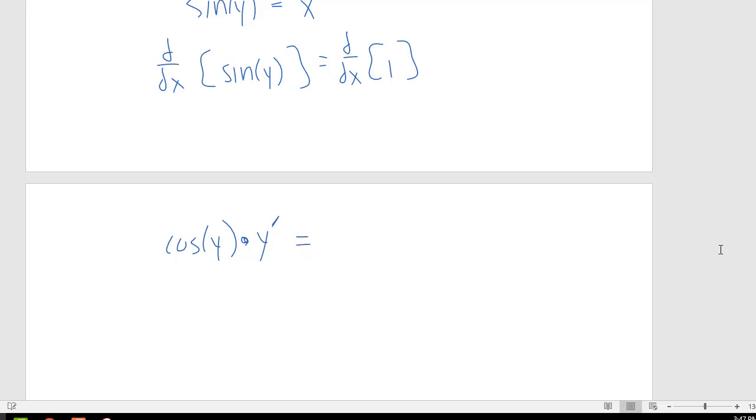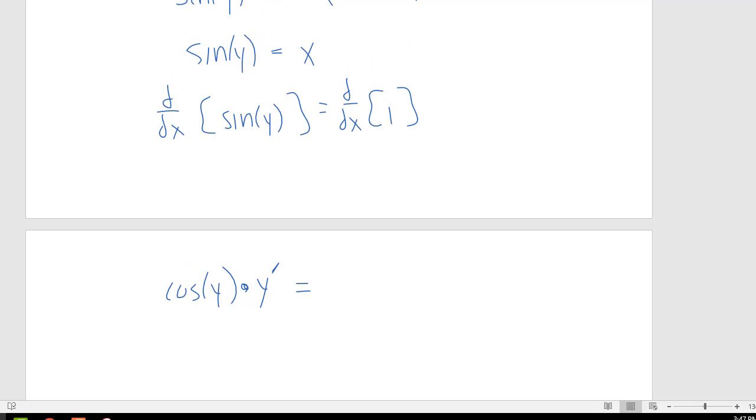I just noticed I have a typo here. You guys didn't stop me. I didn't hear anybody say, hey, wait a second, typo there. The right-hand side should be x. So sine of y equals x. Differentiate the left-hand side with respect to x, and differentiate the right-hand side with respect to x.